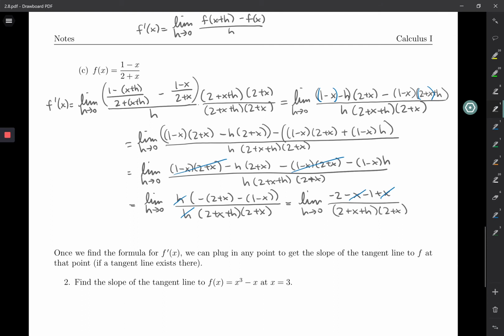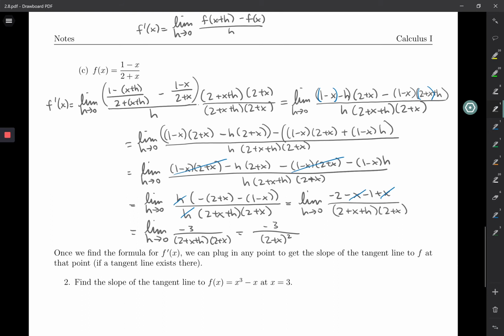Okay, so we can simplify just a little bit more, and then we will go ahead and plug in h equals 0. So this is negative 3 in the numerator, and then the same denominator. And then plugging in h equals 0, we actually get 2 copies of 2 plus x multiplied together, so that's 2 plus x squared.